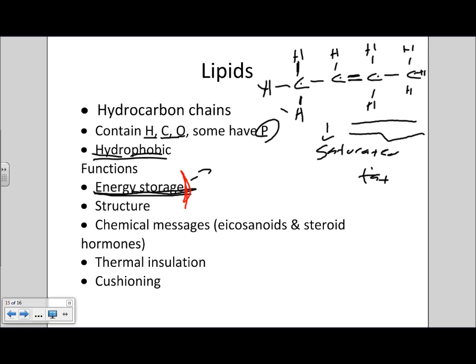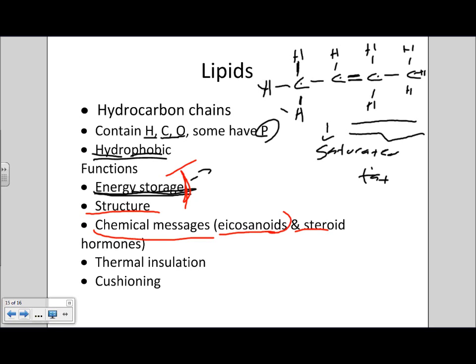But if you don't eat, you will run out of fat, and then you have to start breaking down proteins, and that's eventually going to kill you. Fats do give us some structure. Fats can also act as chemical messages, called eicosanoids or steroid hormones.